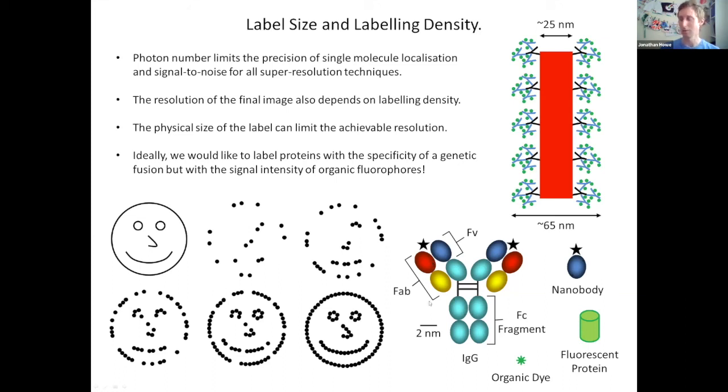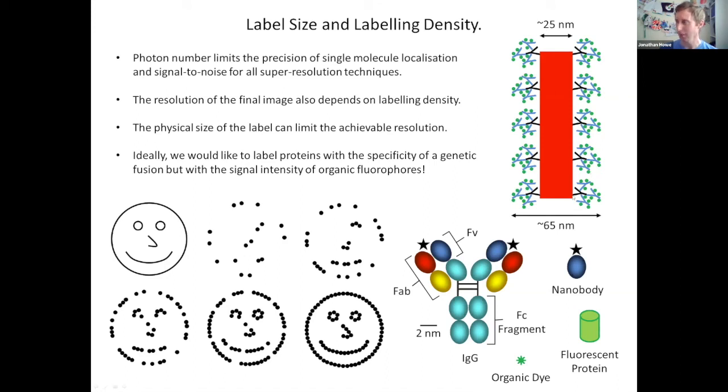So if you imagine you used a primary and a secondary IgG, then your fluorophore itself could be up to 20 nanometers away from the surface of your structure of interest. So in the case of the microtubule, which is this red bar here, if you've got primary and secondary antibodies stuck onto this microtubule, it goes from being a 25 nanometer diameter structure to a 65 nanometer structure. And this is the thing that we can actually observe.